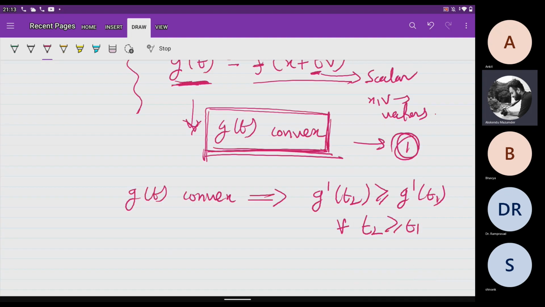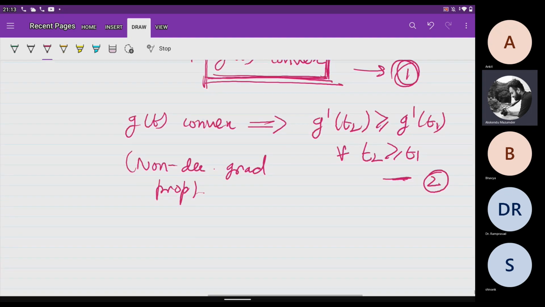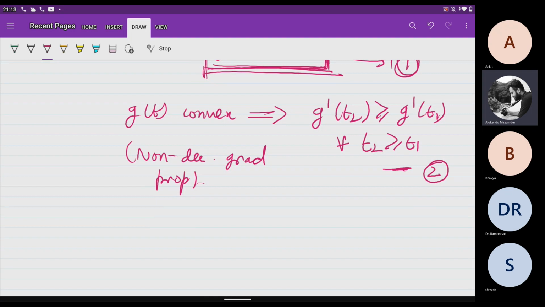It's the non-decreasing gradient property of convex functions. So my gradient g dash of t is non-decreasing.